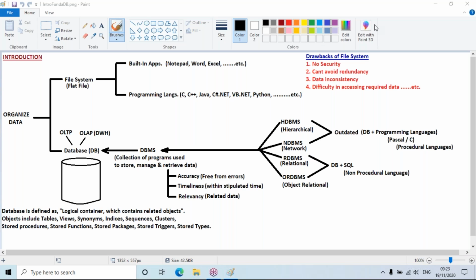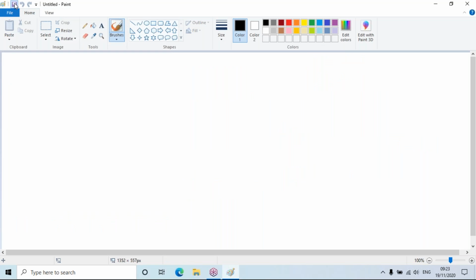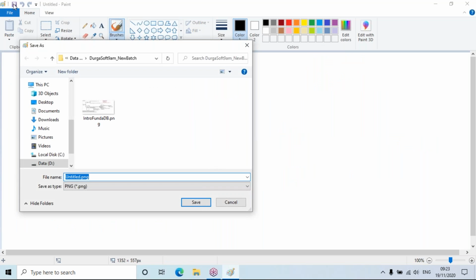Today we are going to go with our next topic, where our subject begins. So here we are going to learn introduction to RDBMS.